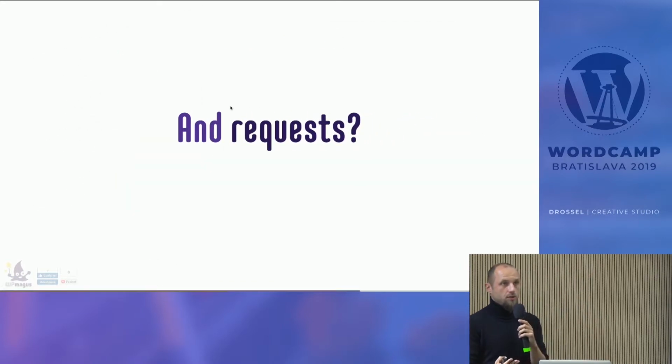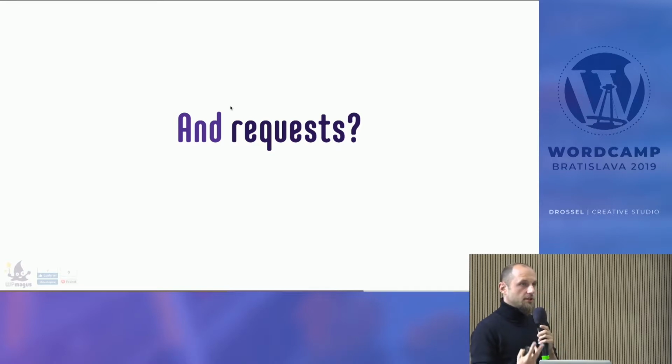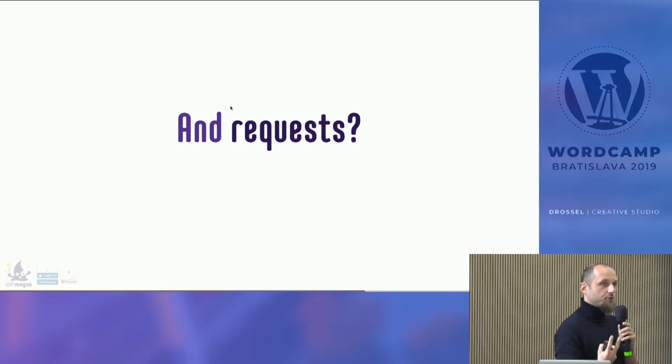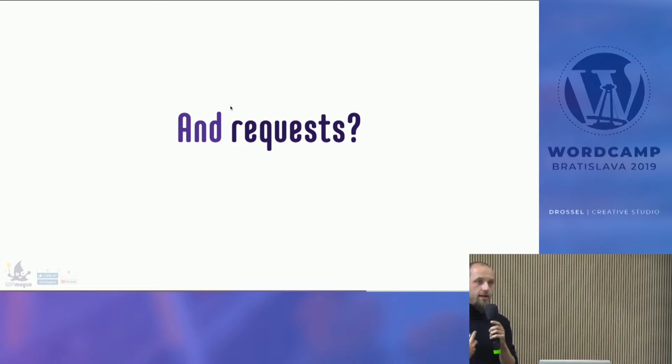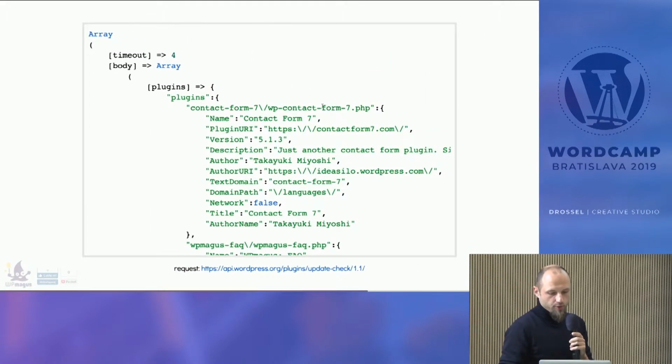Requests. So what data is sent to the server, and how does the response look? Okay, this is the important thing, because this describes what the WordPress server knows about our site and what we can learn from the server. This is the content of the request that is sent to plugins update check.